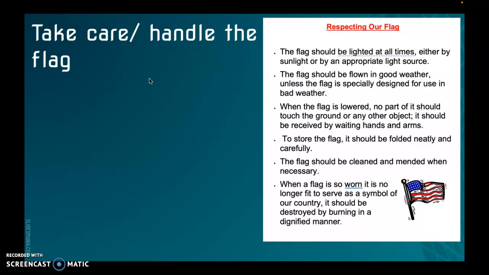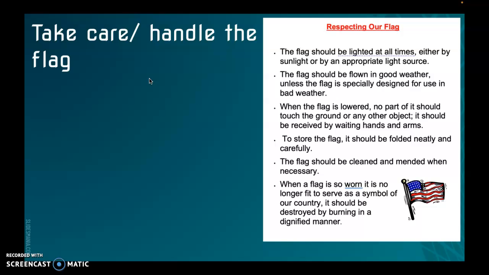So let's talk about some ways to take care of and handle the flag, because the flag, again, is an important symbol of our country, the United States of America. The flag should be lighted at all times, either by sun or by an appropriate light source.